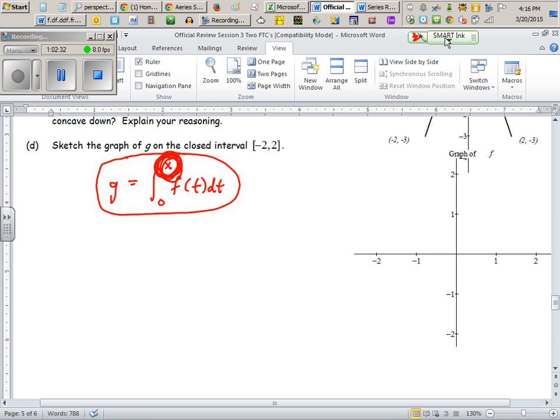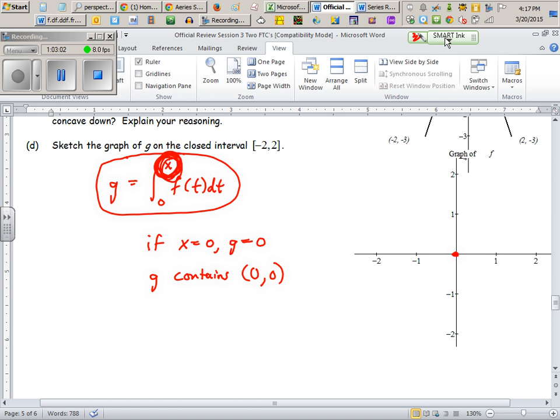I meant into the integral. So if x equals 0, g is 0. In other words, g contains 0, 0. That wasn't necessarily obvious, but you need that. If you don't have one point, how are you going to draw upslopes and downslopes and concave downs and all that? You don't have a point just to reference.